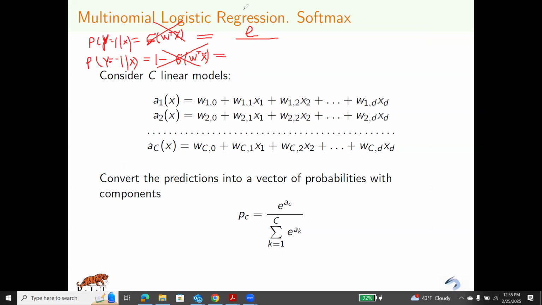It will be e to the power W1 transpose times X tilde, and the denominator will be just e to the power W1 transpose times X tilde plus e to the power W2 transpose times X tilde.